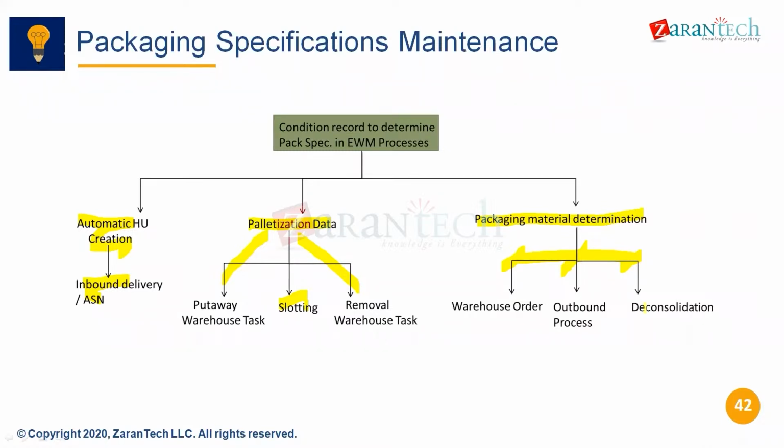See, nesting is very interesting. My suggestion to you guys: EWM supports nesting everywhere, but try to reduce the nesting, and use it only when necessary. Why? Because in fast moving warehouses, they have to unpack and repack.